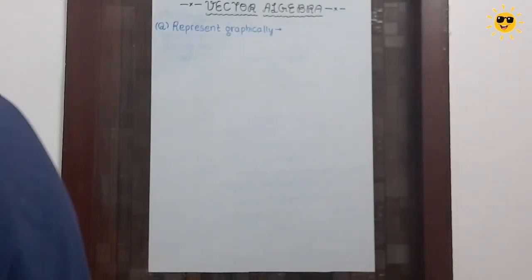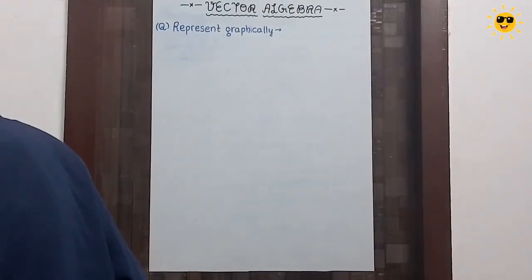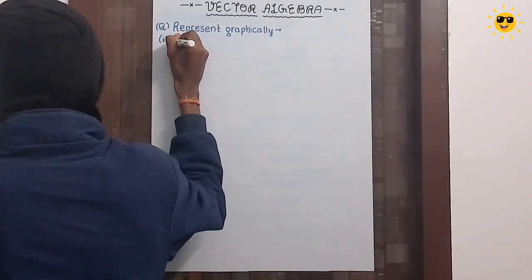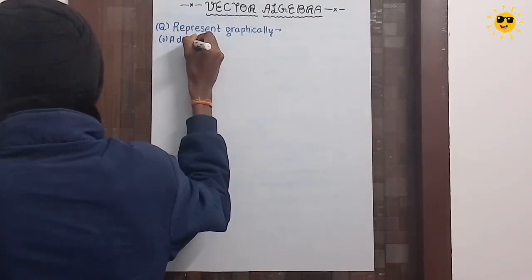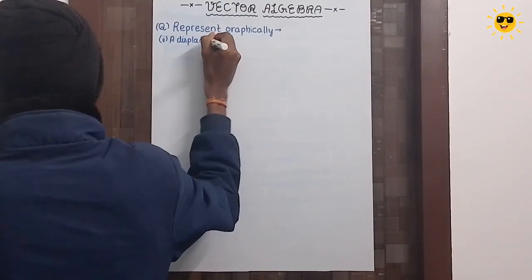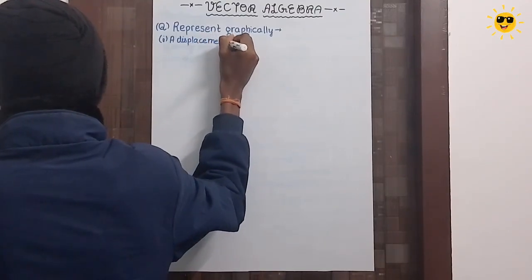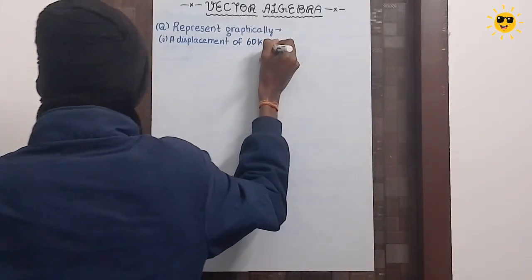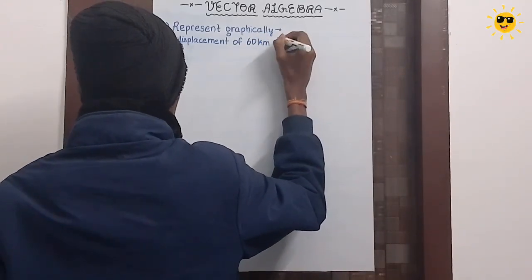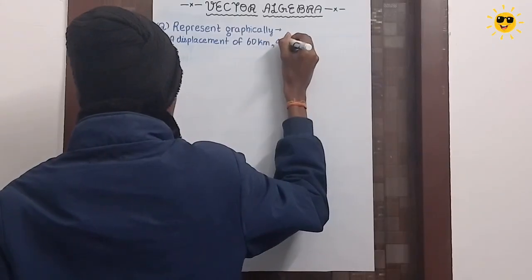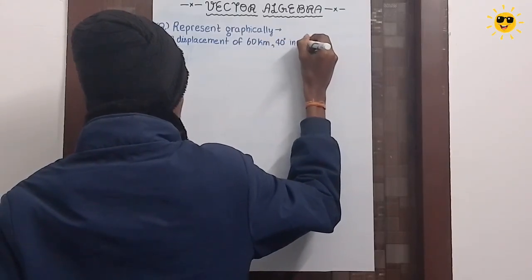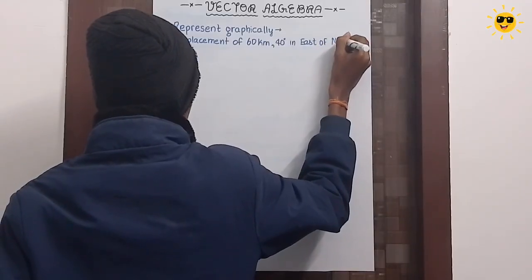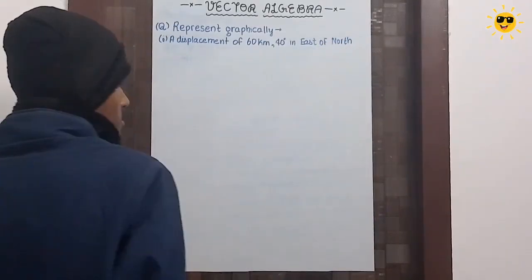Here I have the question. First is a displacement of 60 kilometers 40 degrees east of north. Let's draw.